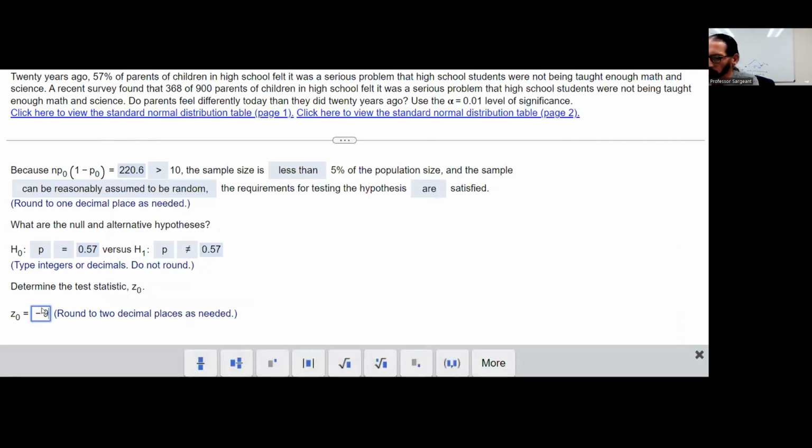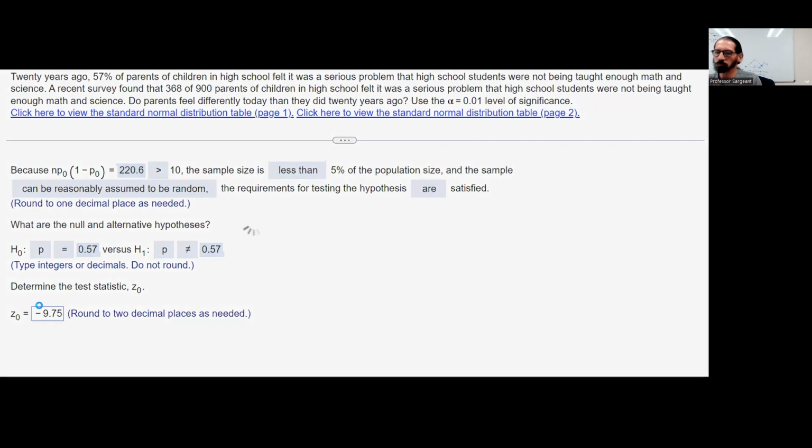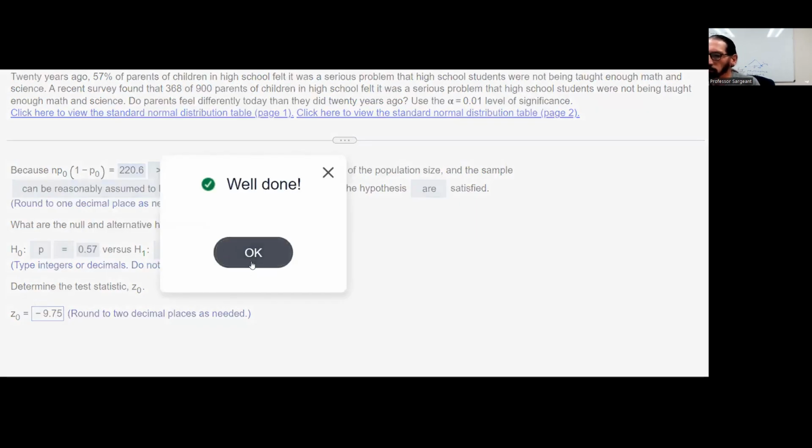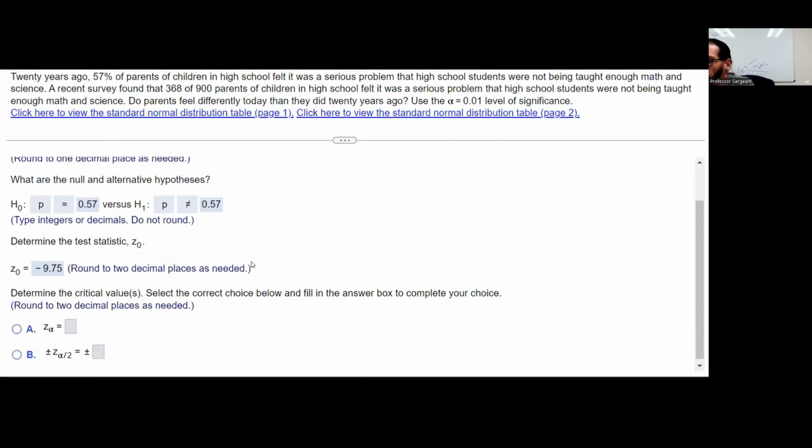Yep. I meant to type negative 9.76, but it must have had a tolerance that it would accept how far off we could be. So, determine the critical value. Let's see here. We are testing at the 0.01 level of significance.